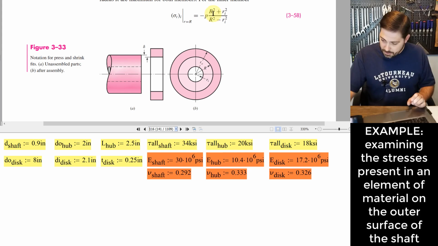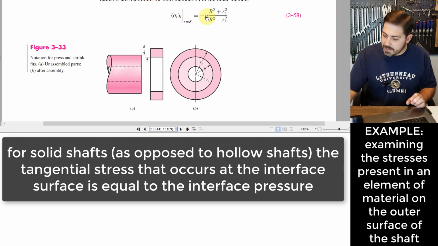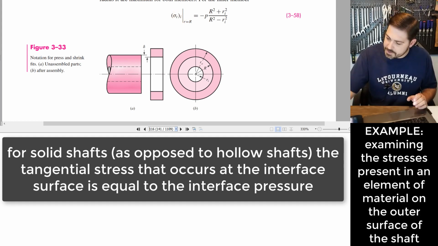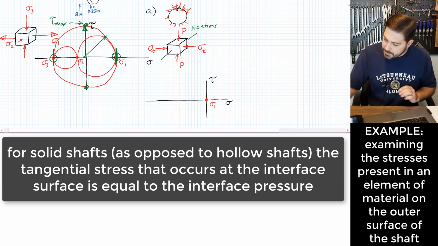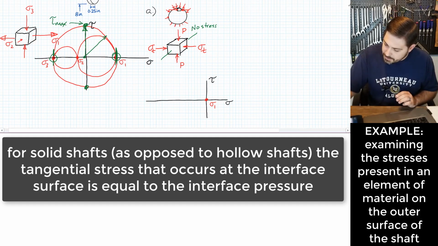R is just equal to R, capital R. And so this whole fraction over here is just equal to 1 for this equation right here, which means that my interface pressure is going to be equal to my tangential stress. Okay, so that actually makes this relatively easy for us to deal with here, because we'll say that we have 2 points right on top of each other over here, right?